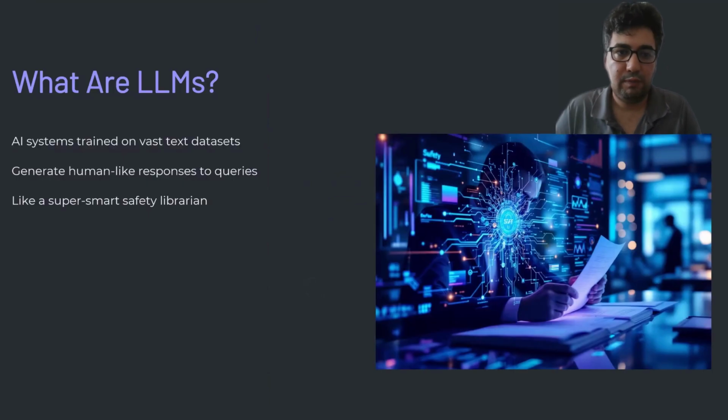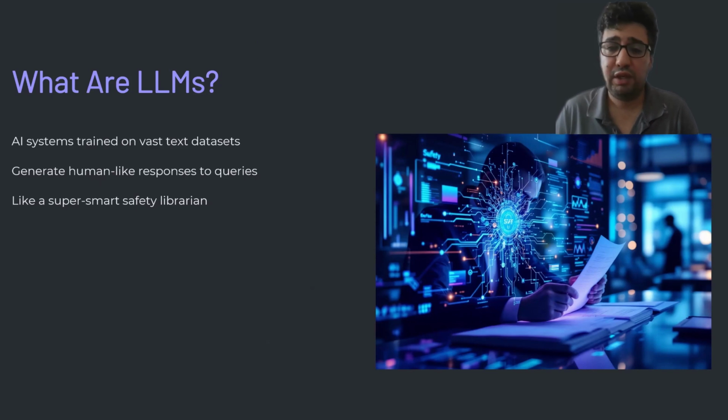So, what are LLMs? LLMs are large language models, and these are AI models that have been trained on texts that are available on the internet, other data such as PDF documents, images, videos, sounds, etc. So it has been trained on a huge amount of data, and now we can interact with them in human language.